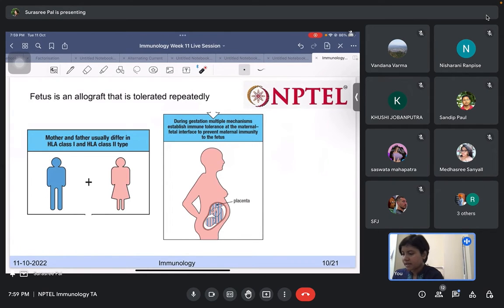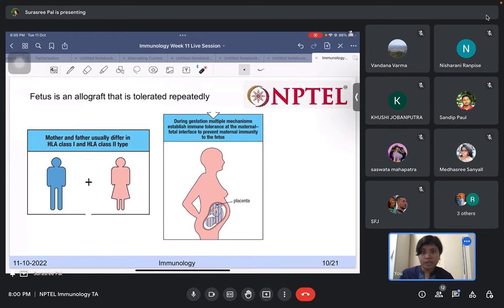So here you can see that the mother and the father differ in the MHC haplotype, and therefore when the fetus is present inside the mother's womb, it will carry the mother's MHC as well as the father's MHC molecules.